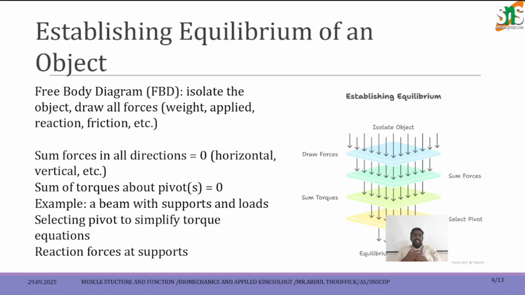Sum of the force in all directions is equal to 0. Sum of the torque about the pivots is 0. Example: a beam with supports and loads, selecting a pivot to simplify the torque equations. The reaction force at the support.